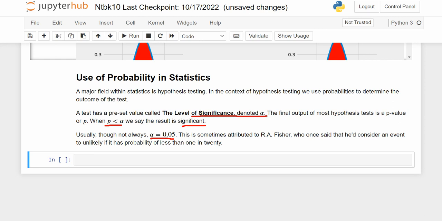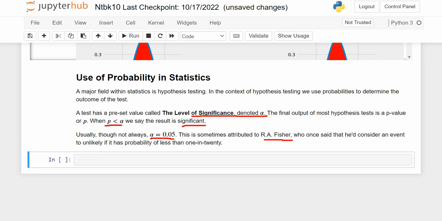Because ever since the lady in the tea, Ronald Fisher, set the level of significance at 0.05, and it turns out to be a really good value to use. It's not the only value ever used, but it's certainly the most often used. And it's good for an introductory statistics course, elementary statistics. It makes sense just to default to the one that works the most often.